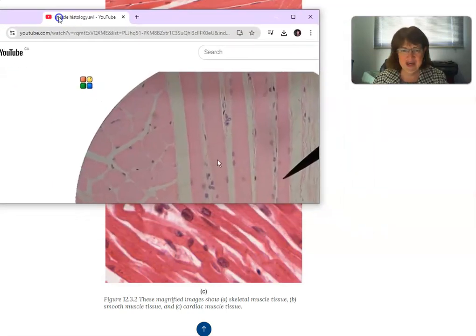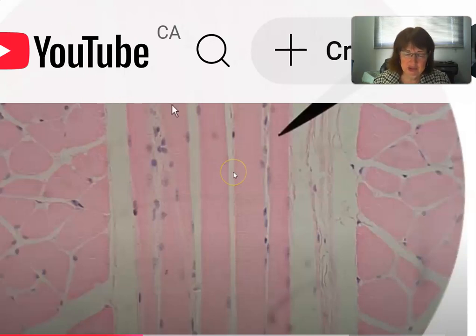So if I bring in this YouTube video where a professor is looking at the structure of the skeletal muscle. When we're talking skeletal muscle, there's something called striations that you only see under high magnification, and they're right here. It kind of looks like, you know how salmon has stripes on it when you're getting the muscle or when you're eating it?